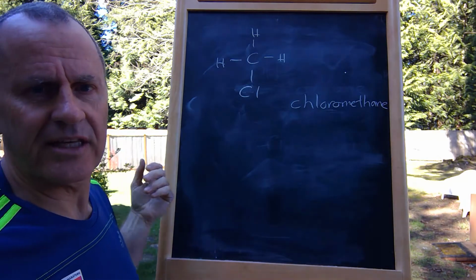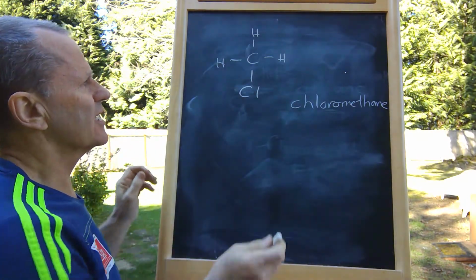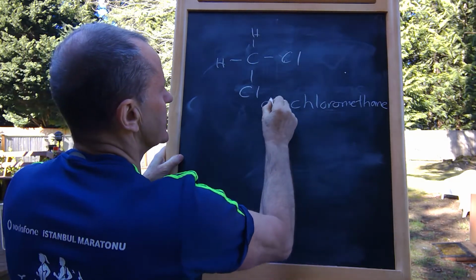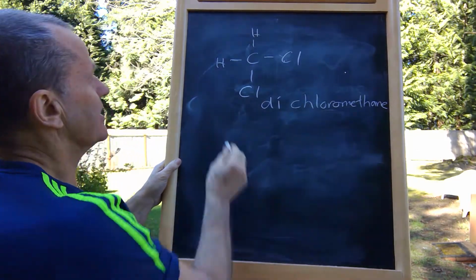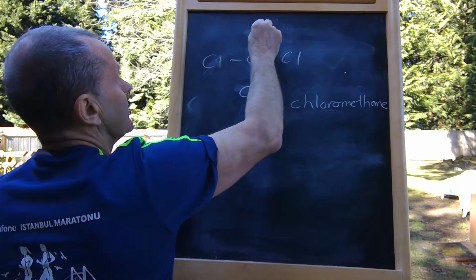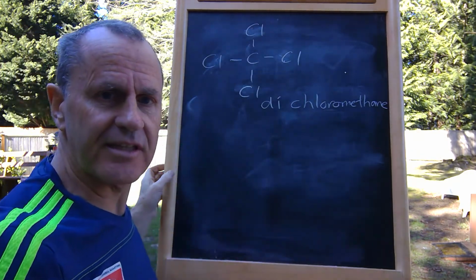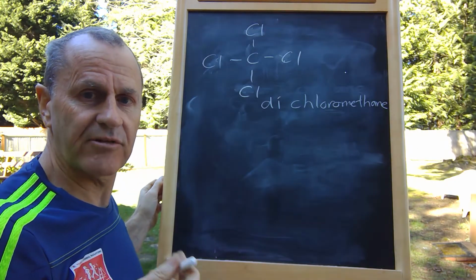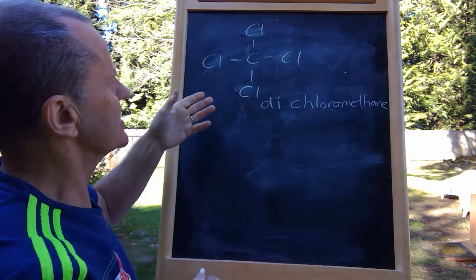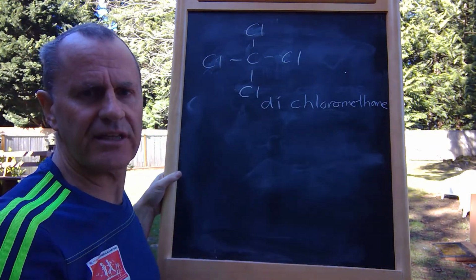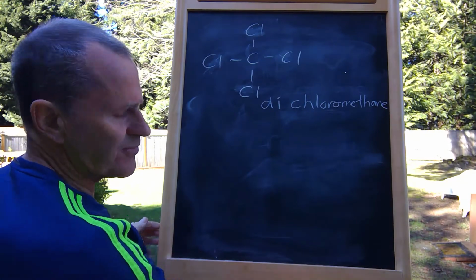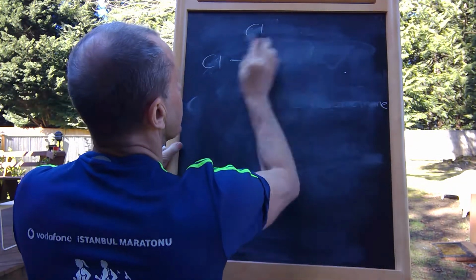So that's chloromethane. And then we do the next bit. If we add another chlorine there in place of another hydrogen, it becomes dichloromethane, trichloromethane, tetrachloromethane. So these are the familiar prefixes when we add a halogen, which is now a halide.